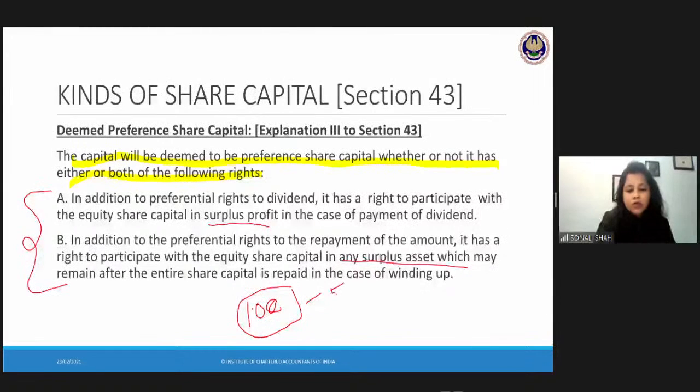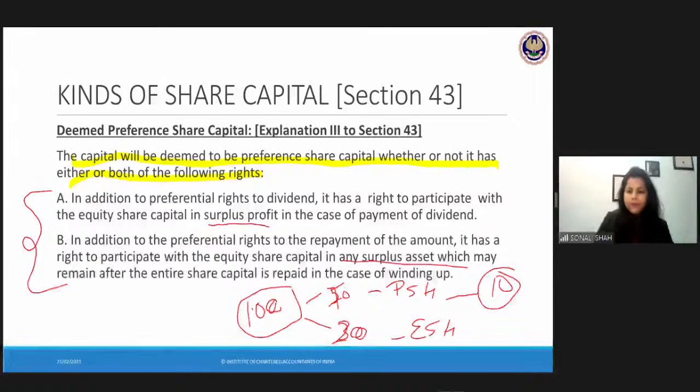Rupees 70 is supposed to be paid to PSC, and 20 is supposed to be paid to equity, right? Now, still we have rupees 10 left. So when 100 rupees is there, firstly 70 rupees will be paid to the PSH, which is the preference shareholder. 20 rupees will be paid to the ESH. What is left behind? Rupees 10.